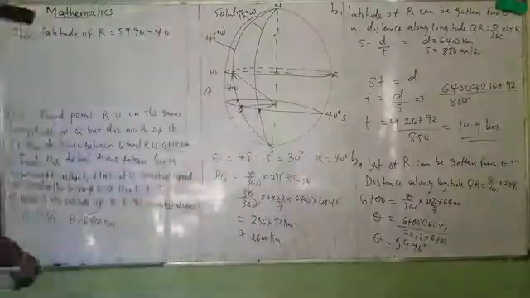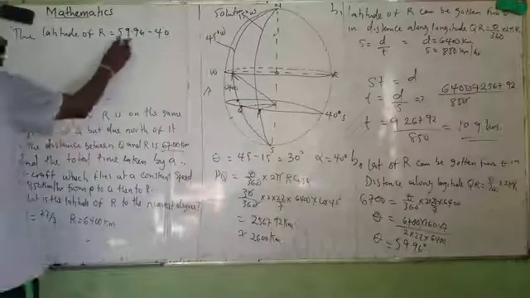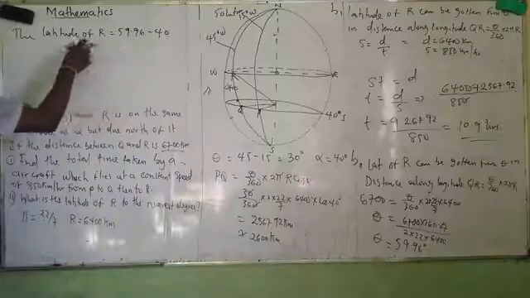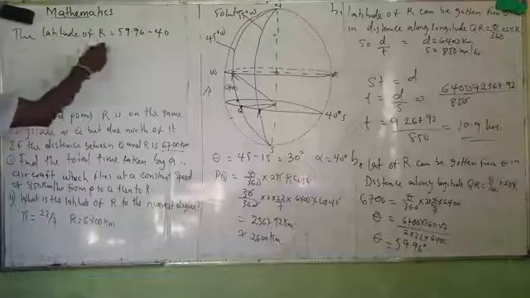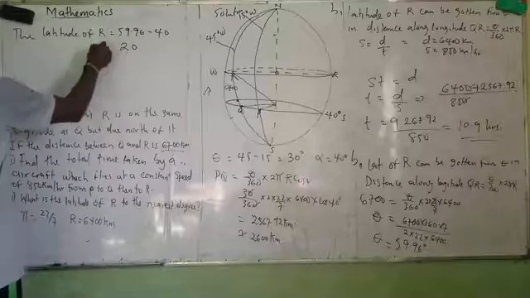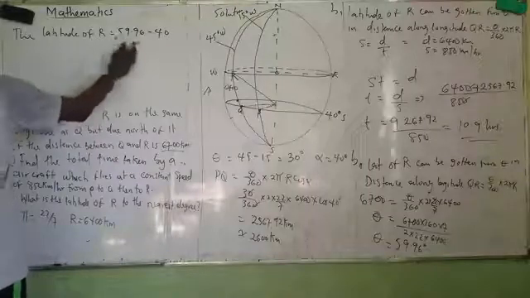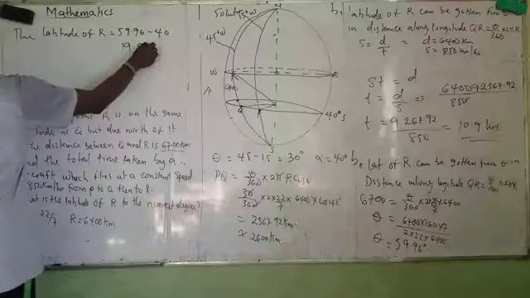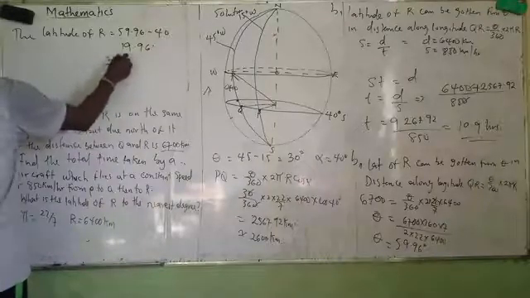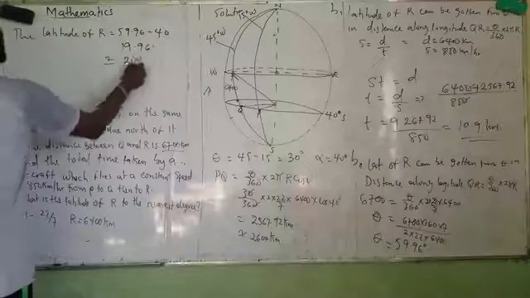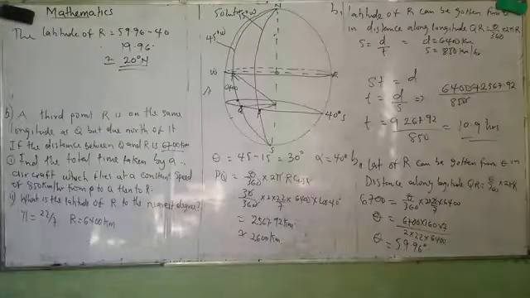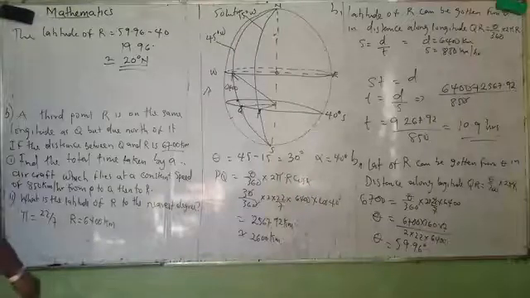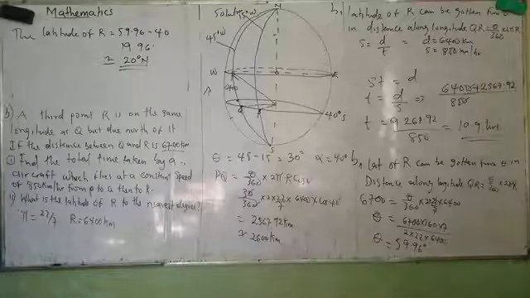It will be equals to 20 degrees, approximately, 19.96. Approximately equals 20 degrees south, rather. It can't be north. Yes, 20 degrees north.